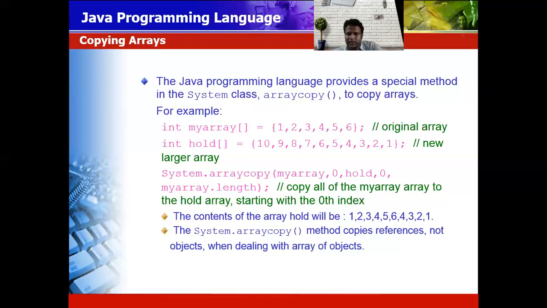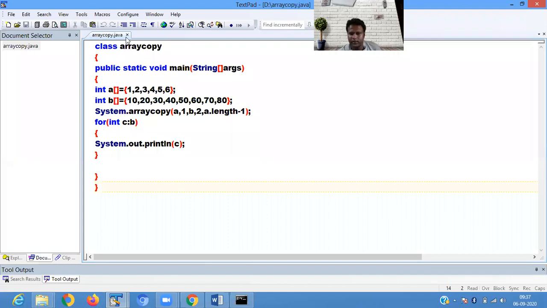Let's check the example that I am showing now. int A = 1, 2, 3, 4, 5, 6. Then int B = 10, 20, 30, 40, 50, 60, 70, 80. Now I want to copy the array elements using the System.arraycopy method. I want to copy from the A array and paste into the B array at one location.